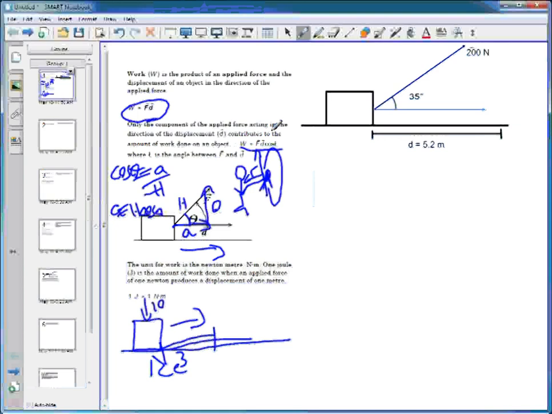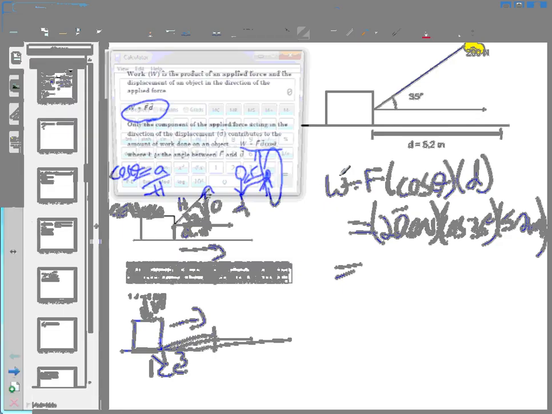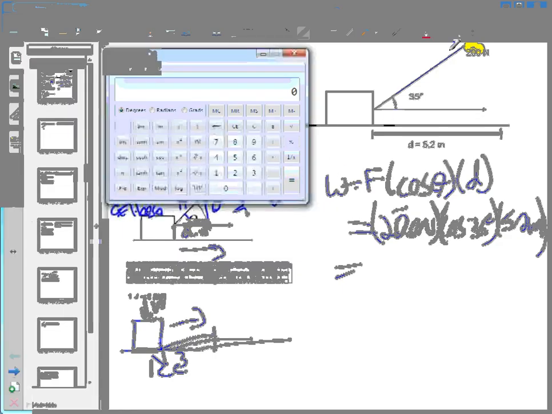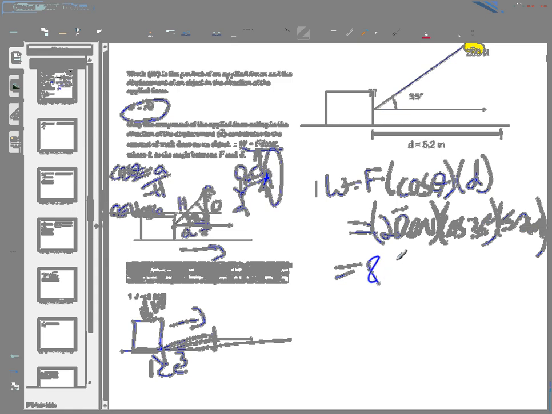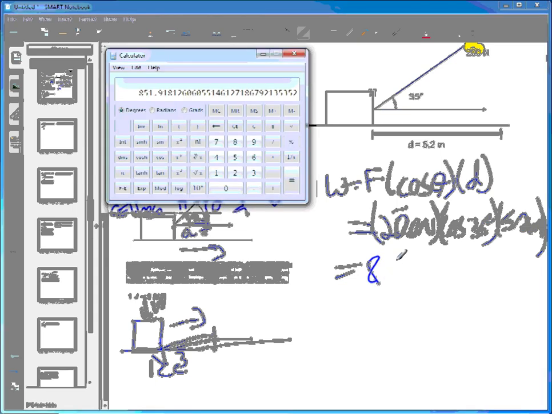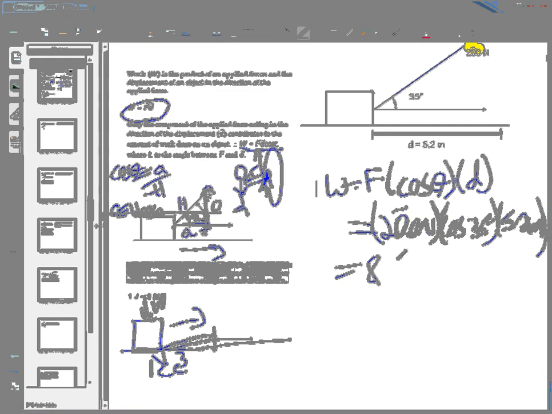Equals, pull out our calculator again, 35 cos is that, times 200 times 5.2 equals 800. Now rounded off to two significant figures, it's going to be 850.